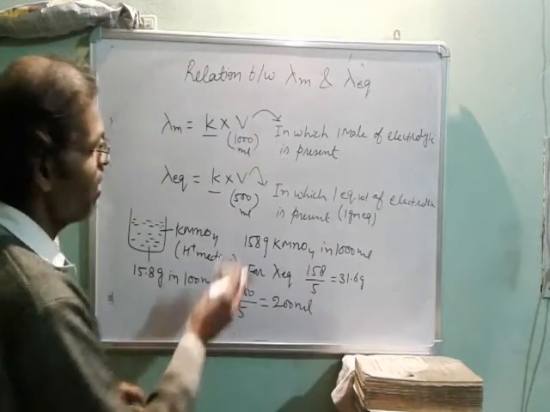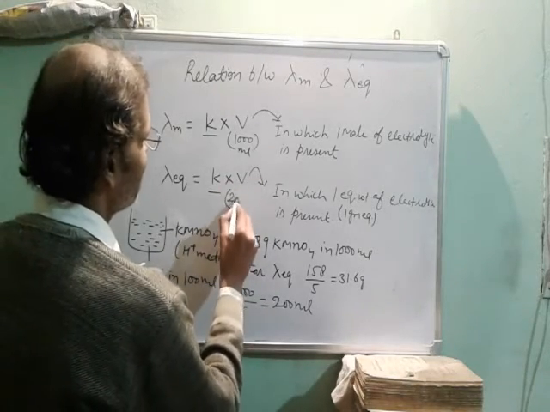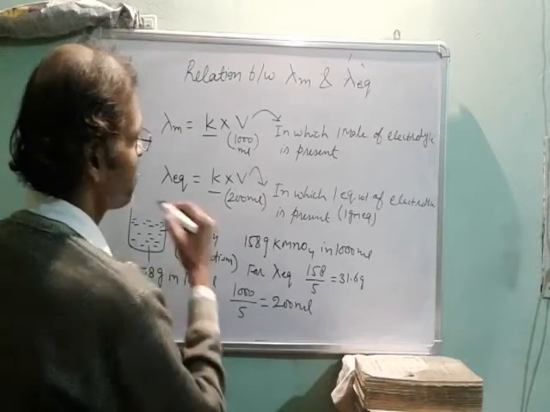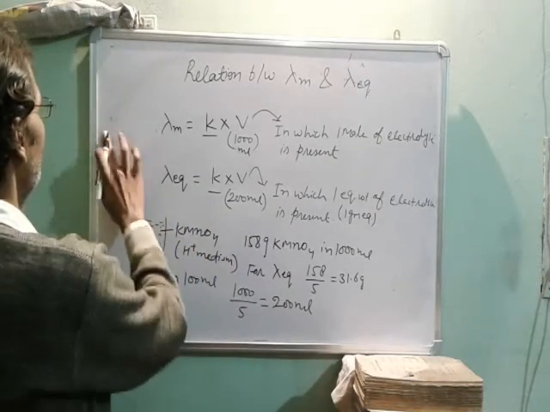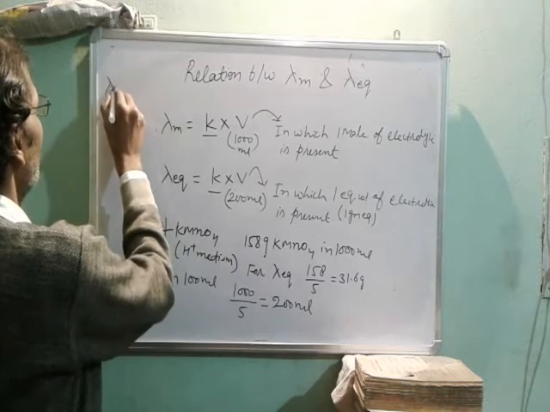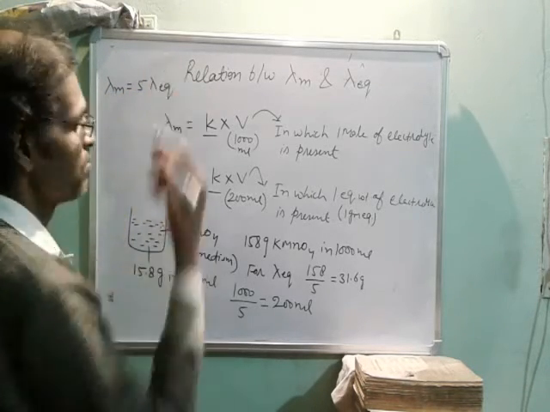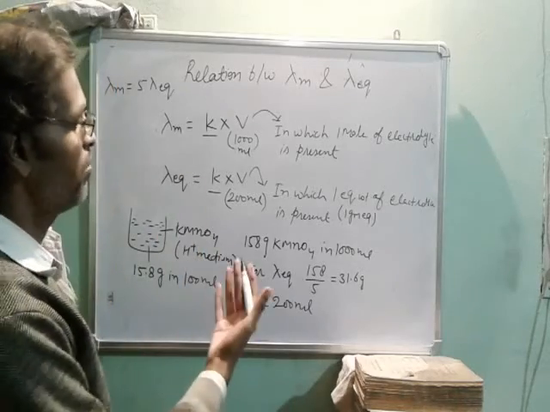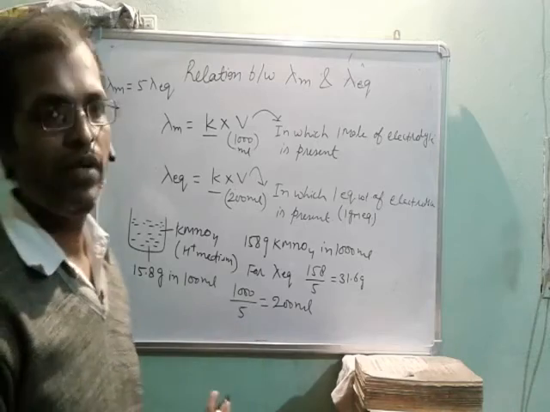So here the value of V will be 200 ml. So what is the relation? The relation is lambda M is equal to 5 lambda EQ. This is another method to find the relation between lambda M and lambda EQ.